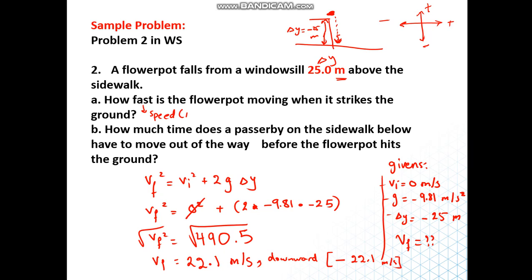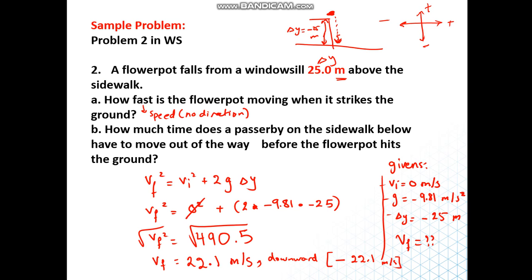When they ask me how fast, they mean the speed only. Speed has no direction, it's a scalar quantity. So I need to not consider the direction or the sign of the velocity. So the answer for how fast, just the speed, no direction, will be 22.1 meters per second.